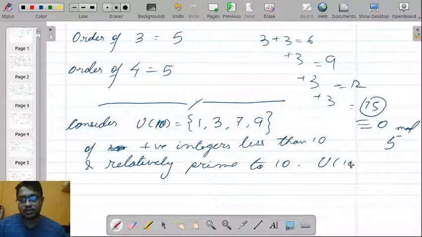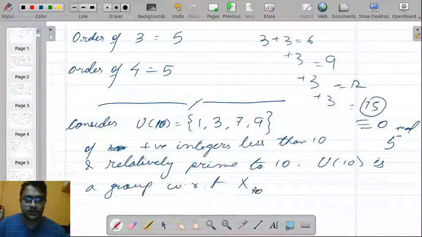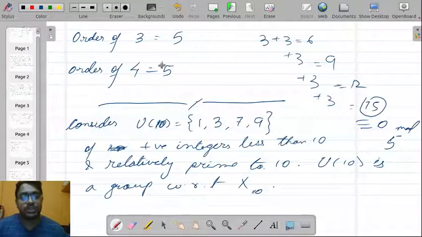Then U10 is a group with respect to multiplication modulo 10. With respect to this operation, it's a group.